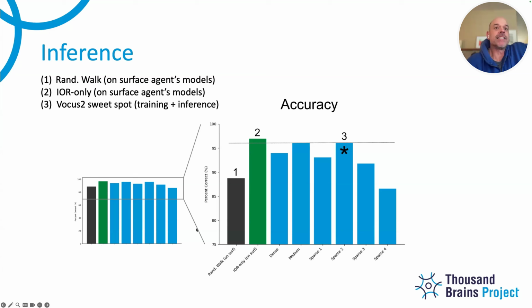I just wanted to change the y limits because it's too hard to look at here, so this is going from 75 to 100. We pretty much recovered: these sparse models are about half as big as IOR on surf, the surface models.